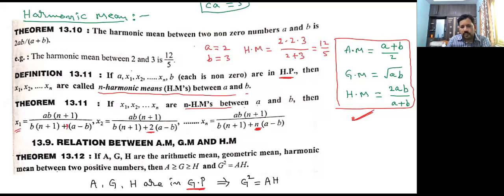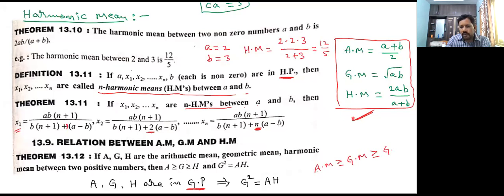What is the condition for a GP series? G square is equal to AH. And remember it: arithmetic mean is greater than or equal to geometric mean, which is greater than or equal to harmonic mean. This relation is important.